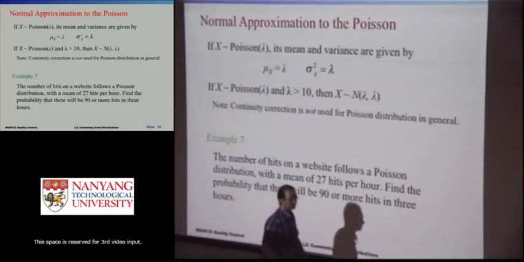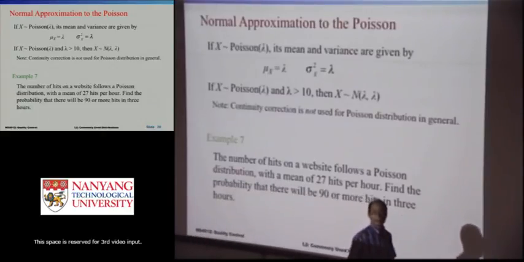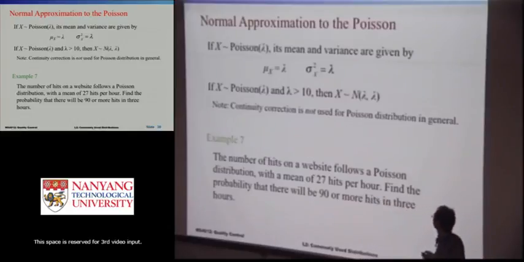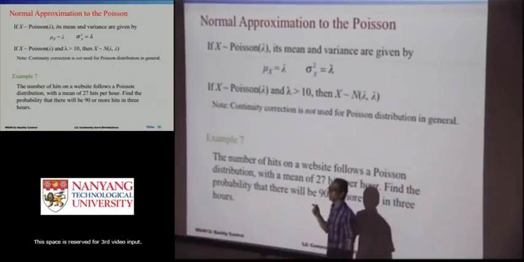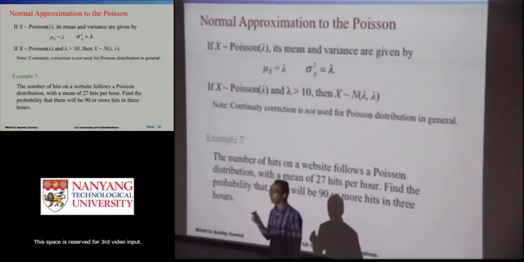Then we can look at this example. So first sentence, they told us the number of hits follows a Poisson distribution. So if we put a random variable X as the number of hits, then we know it satisfies the Poisson distribution. Then for the Poisson distribution, we need to get the parameter lambda, right?